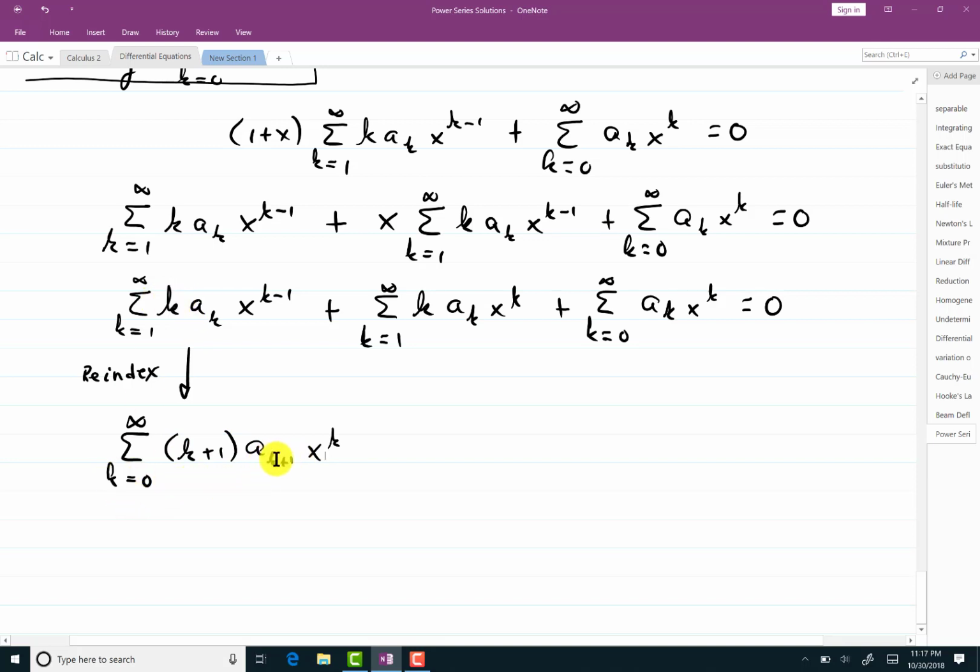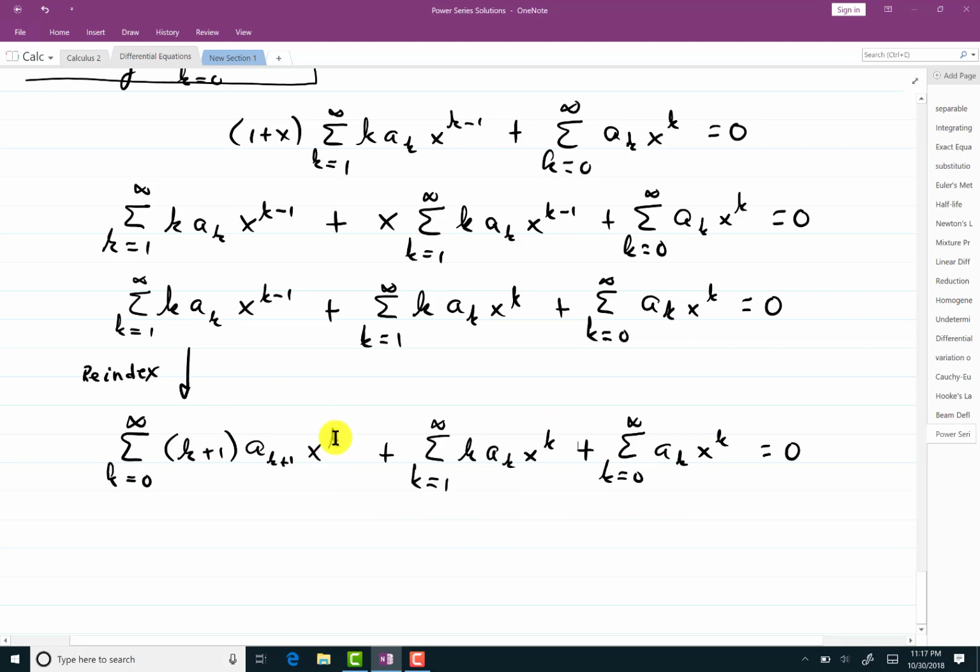This k plus 1 is 1, which matches the k that was 1 here. And then it starts with x to the 0. Now, this series is perfectly compatible with this series because they have like terms.